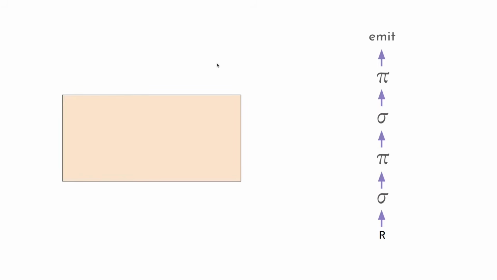Now, it should be relatively obvious, hopefully, that this code generation scheme works for any kind of plan that has projections and selections and scans. So for example, here's a query plan that has a selection, a projection, a selection, a projection, and it also has a scan on the bottom, and the emit we stick on the top. So I'm speeding up here.